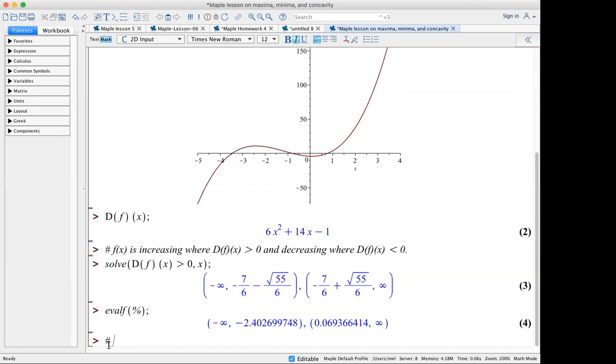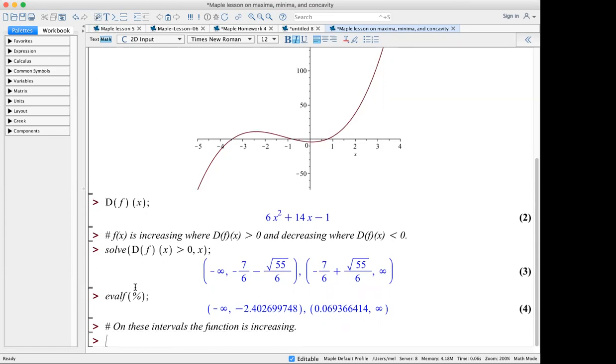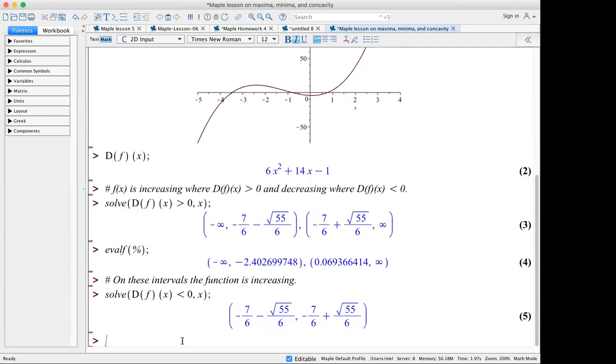And from 0.69, it's right around here, the function is increasing. So let me just say, on these intervals, the function is increasing. And let's look and see where the derivative is negative. We get this interval.